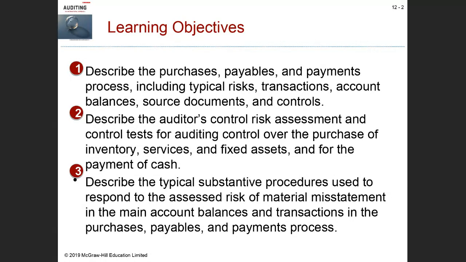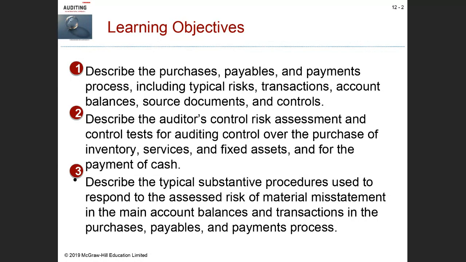Why do we have to look at that? Well, we have to assess the risk associated with internal control because it affects the nature, extent, and timing of our substantive procedures. And you always have to remember, from an auditing perspective, we are talking about two different types of procedures: internal control tests and substantive procedures.